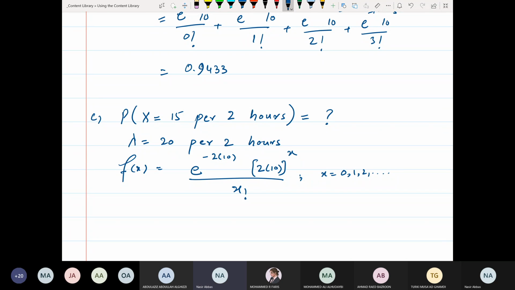Omar Adnan. Yes, doctor. Can I convert x to be per 1 hour? You can also do that. But x will be 7.5. And how can I get the factorial of it?